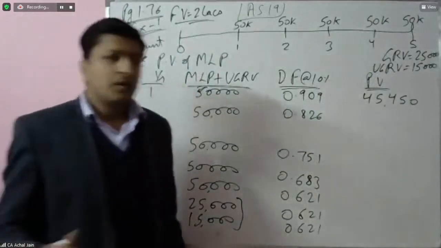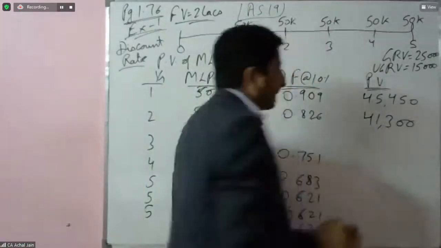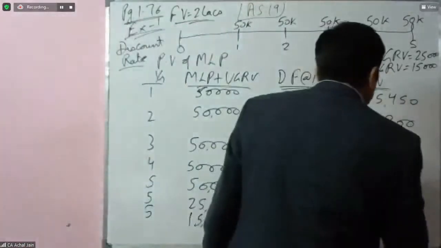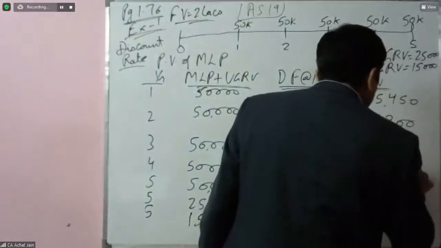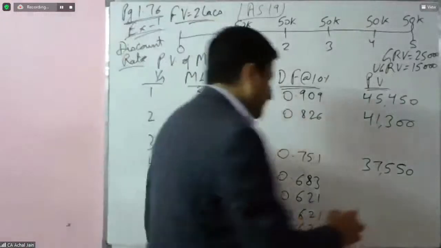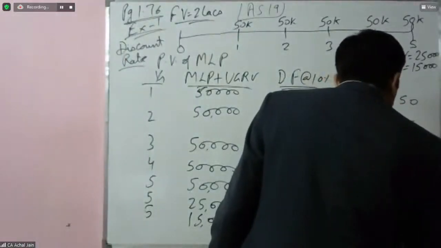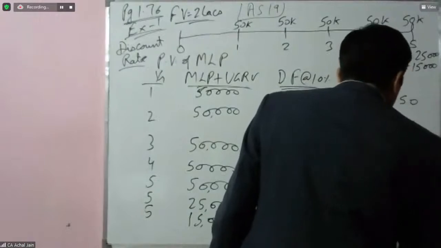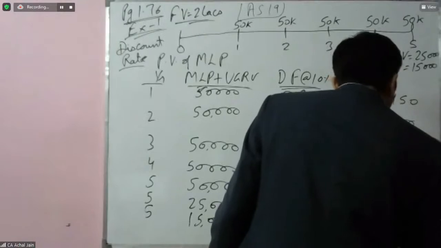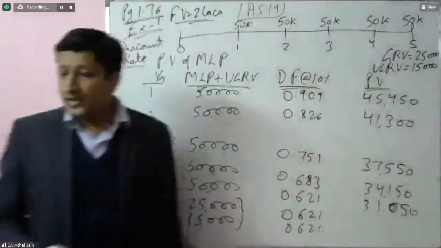Then we have 41,300. Then we have 37,550. Then we have 34,150. Then we have 31,050.